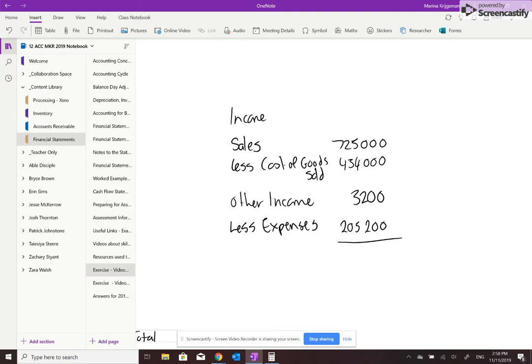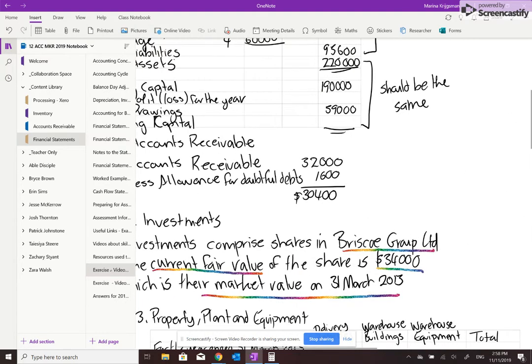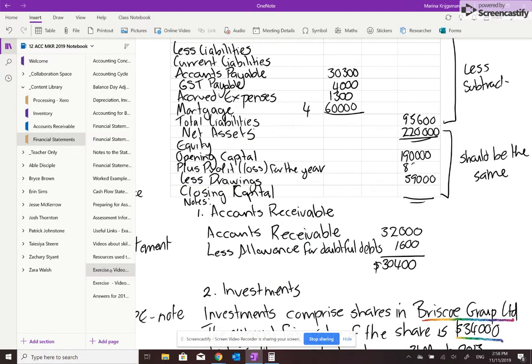Right, let's see what our profit comes to. So 725,000 minus our cost of goods sold plus our other income minus our total expenses. So I'm saying our profit is 89,000. Let's have a look and see if I can come to the right one.